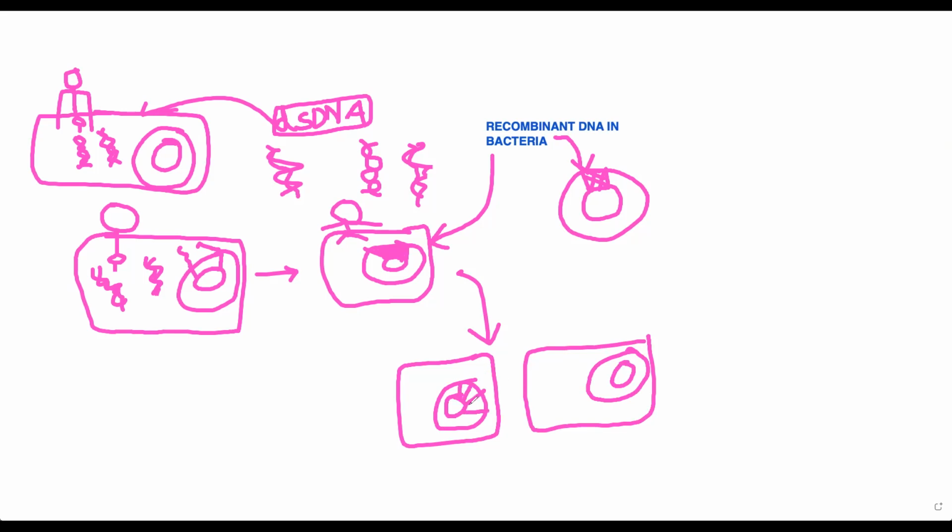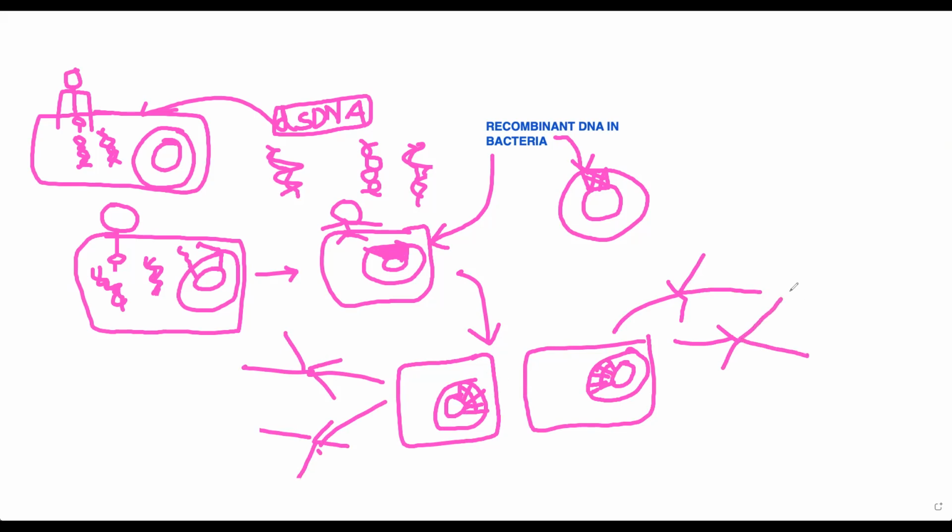So you get all your daughter cells which are formed, and all of them have your recombinant DNA. These ones divide into 2. This one divides into 2. Then this one into 2 and this one into 2. This one into 2 and this one into 2. This is how the cycle continues.